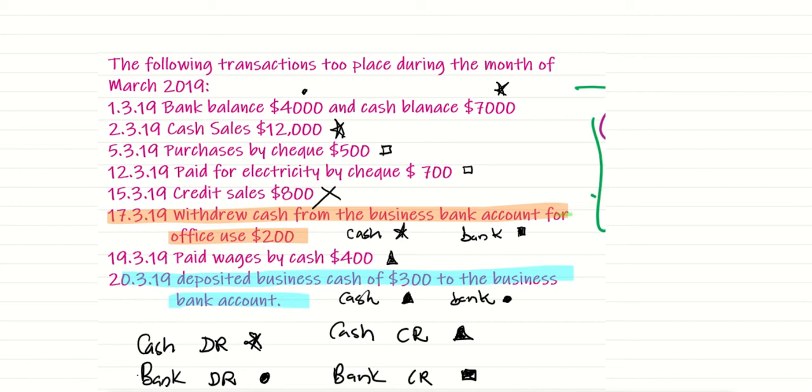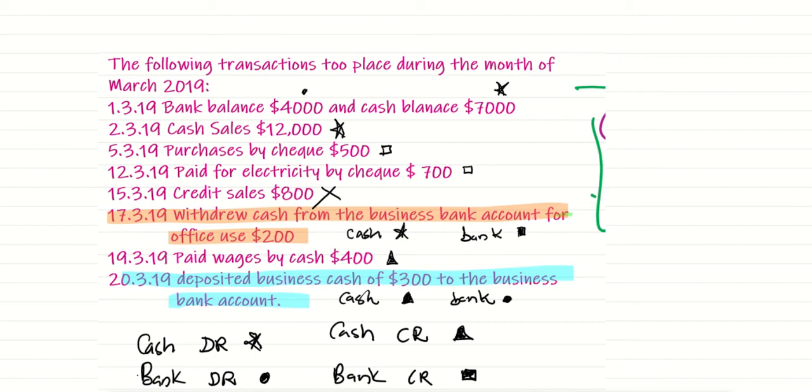17th, withdrew cash from the business bank for office use, 200. Cash value increases, therefore cash debit star, and you're taking it out from your bank, therefore bank credit square. 19th, paid wages by cash.